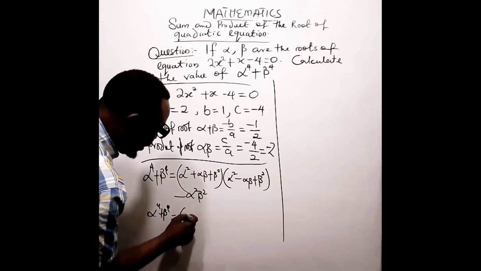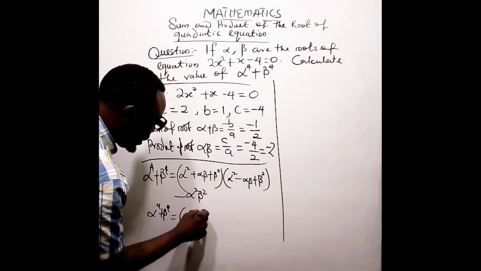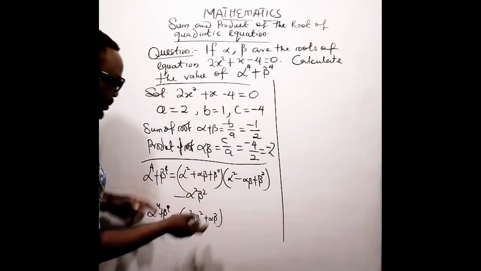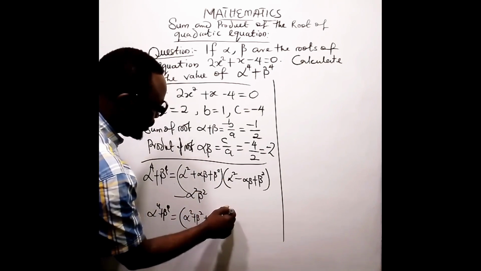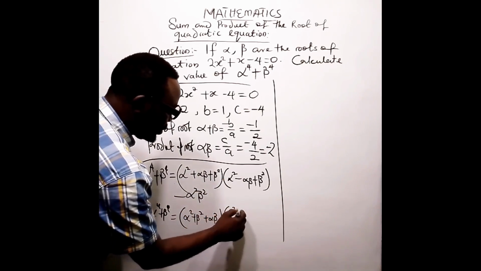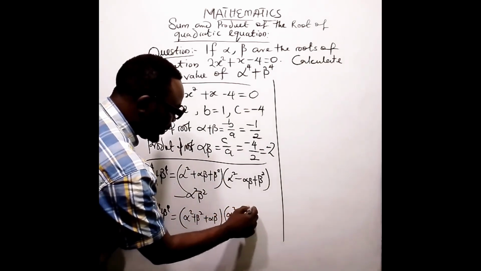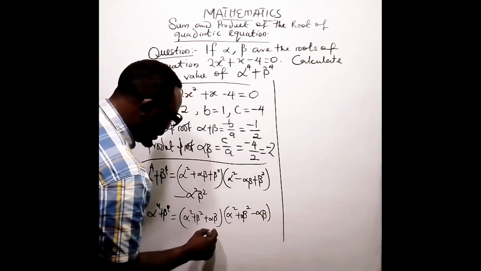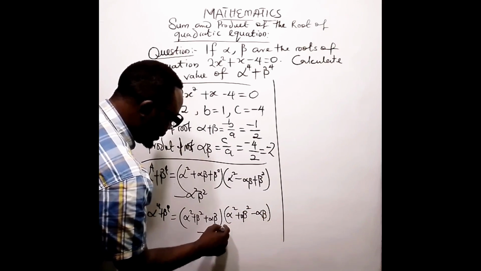So we have alpha squared plus beta squared plus alpha beta, rearranged, and we have alpha squared plus beta squared minus alpha beta, minus alpha squared beta squared.